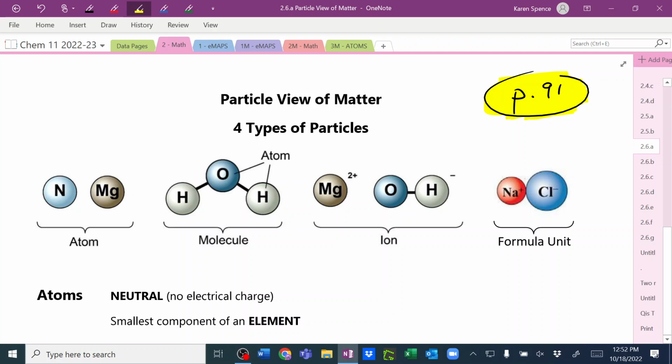Oh, by the way, how did the metric conversions go? Were they okay? They're pretty good? Okay. I'd like to do a metric conversion quiz on Monday. Can we do that?